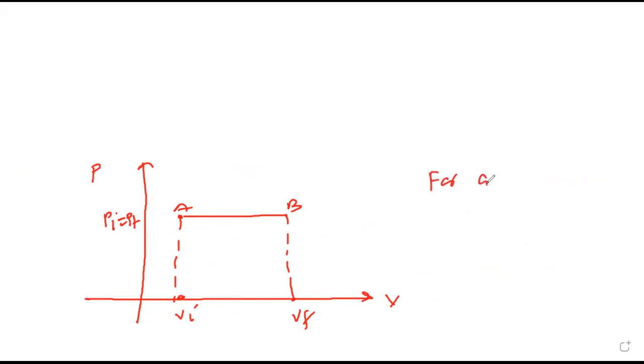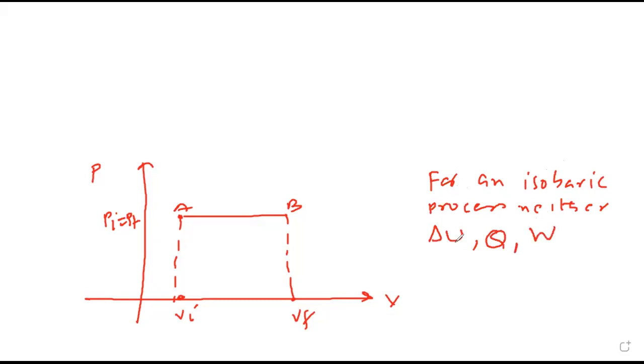For an isobaric process, delta U, Q, and W are all not equal to 0.